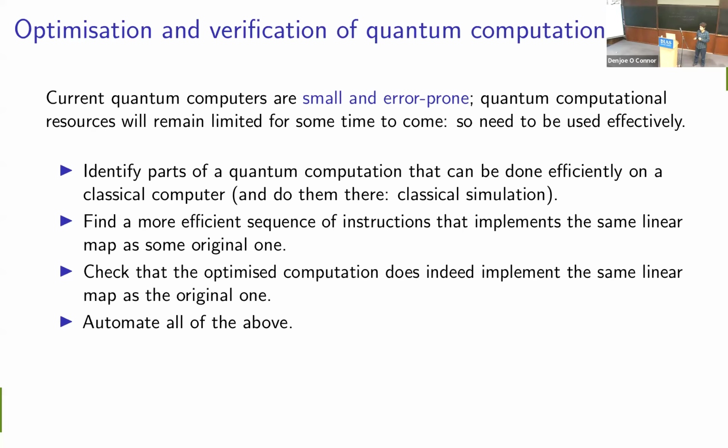We need to take into account error correction and all of that. We have these hardware settings where only specific types of gates can be applied in specific locations. And so this is roughly the area that I work in, which can maybe partly be described as working towards a quantum compiler.